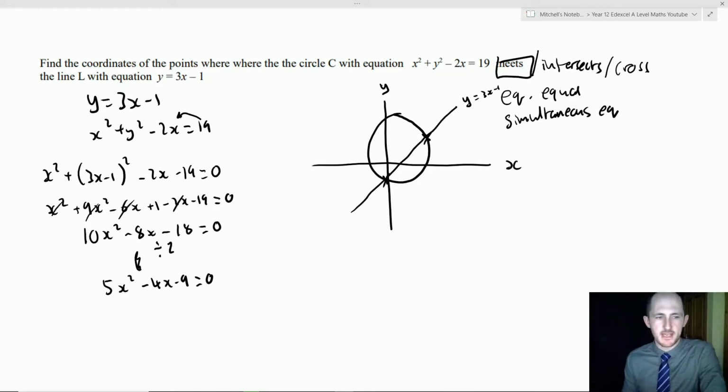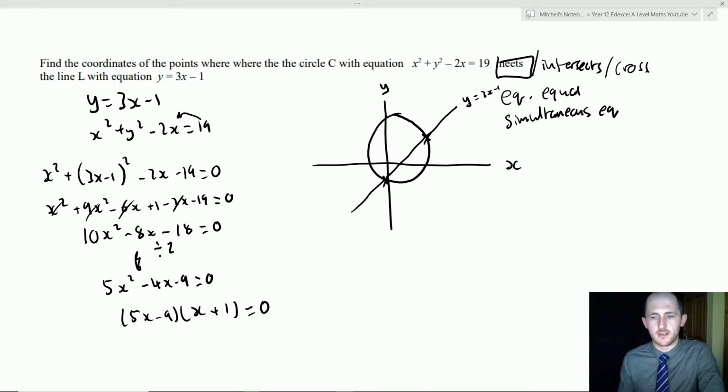You might even be able to see what one thing is. So I know that one bracket is going to have 5x in it, and the other bracket is just going to have x, because 5x times x is 5x squared. Then what we can think about is we need to times to minus 9 and add to minus 4. So that should be plus 1 and minus 9, because 5 plus minus 9 gives me minus 4. Yeah, that should work.